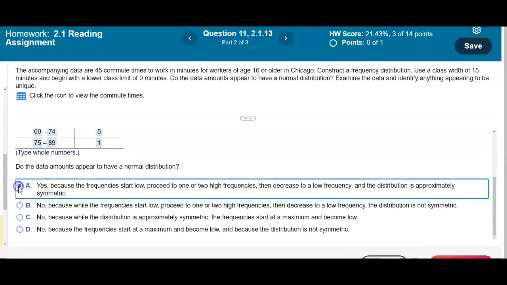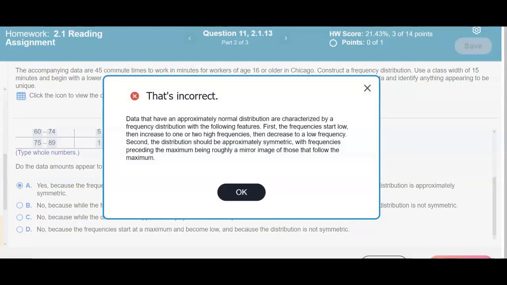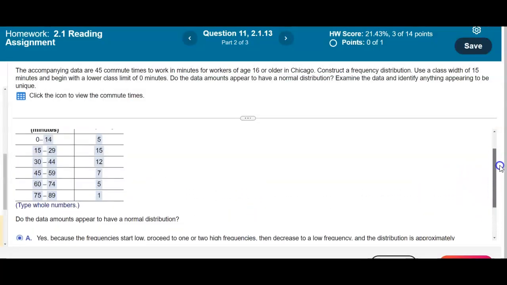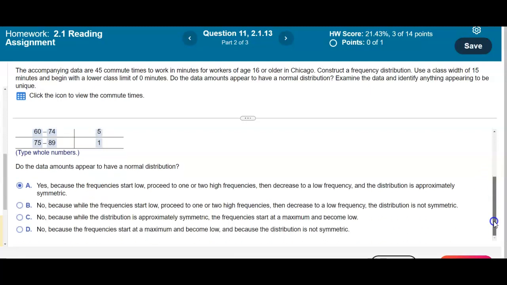Here it says the data that have an approximately normal distribution are characterized by a frequency distribution where frequencies start low, then increase to 1 or 2 high frequencies. If you look at this data, it starts low, but it's not really low. It starts at 5, then goes to 15, 12, 7, and then 5, and then 1. So that is not the result.